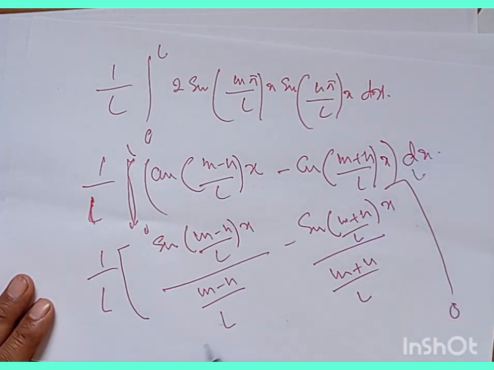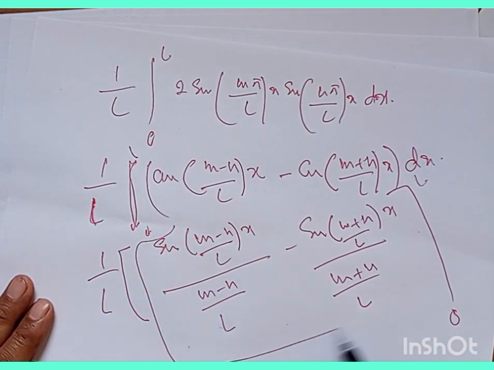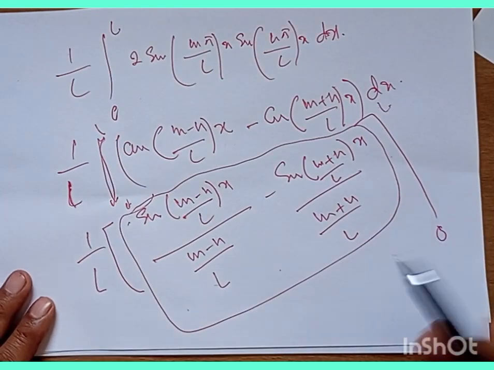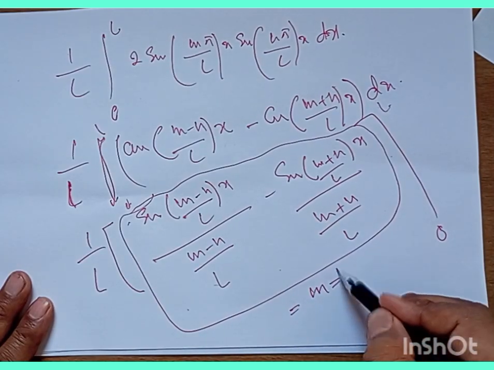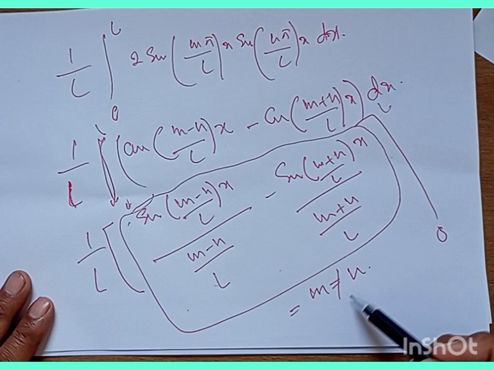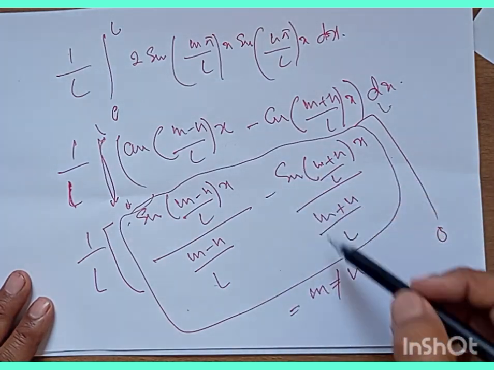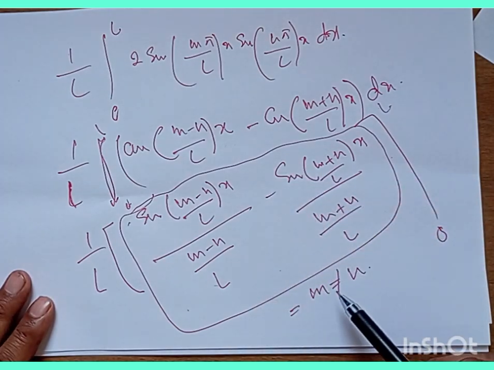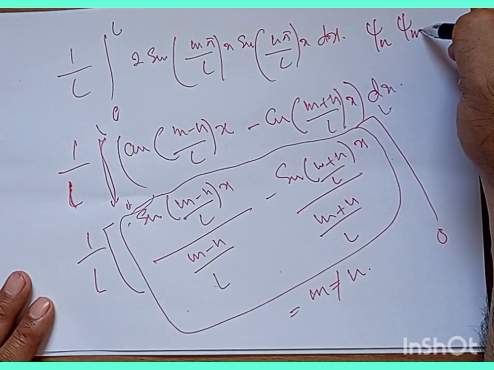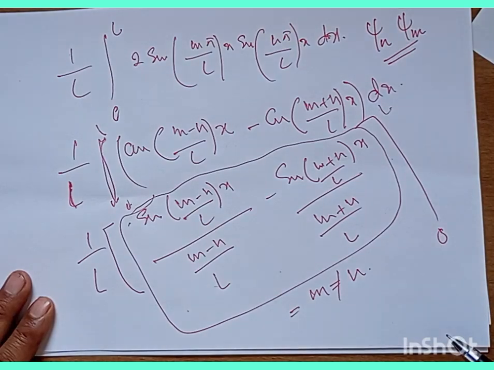Now if we look at the solution that we have obtained here, for m not equal to n, this whole thing is going to give us 0. So this is indicative of the fact that the wave function in the state n and the same wave function in the state m are holding the condition of orthogonality.